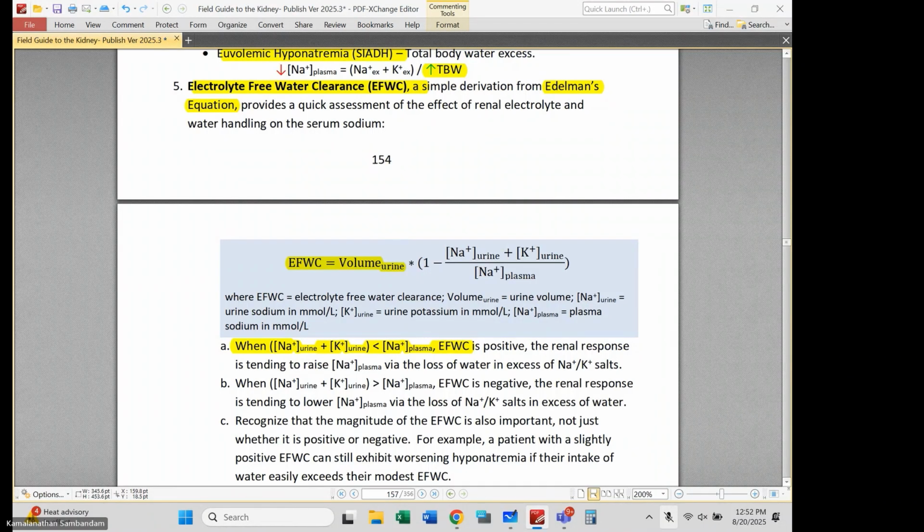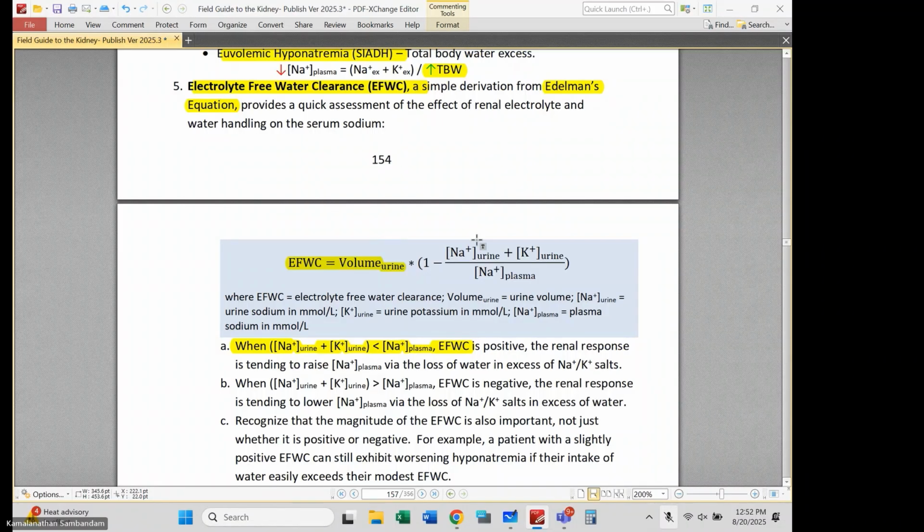Well, the obvious explanation is, yes, I'm losing 500 cc's of free water in my urine, but I'm drinking 3 liters. So that would be a scenario in which I have positive free water clearance, but my sodium is still going down, right?